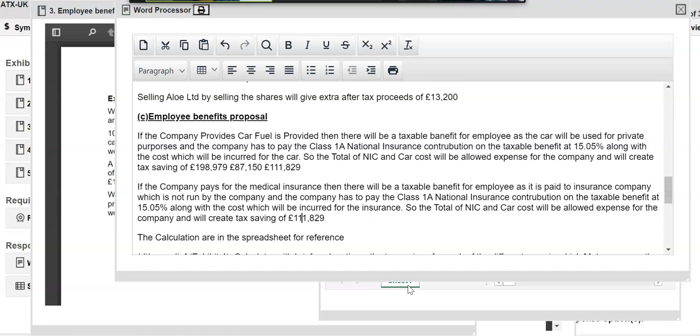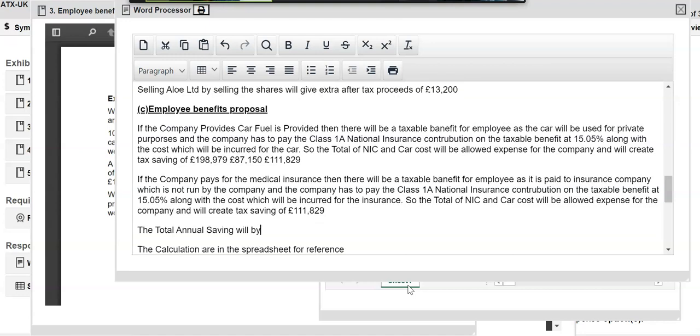corporation tax saving will be this. The total annual saving will be this amount, if the company provides employees with medical insurance instead of fuel for private journeys.